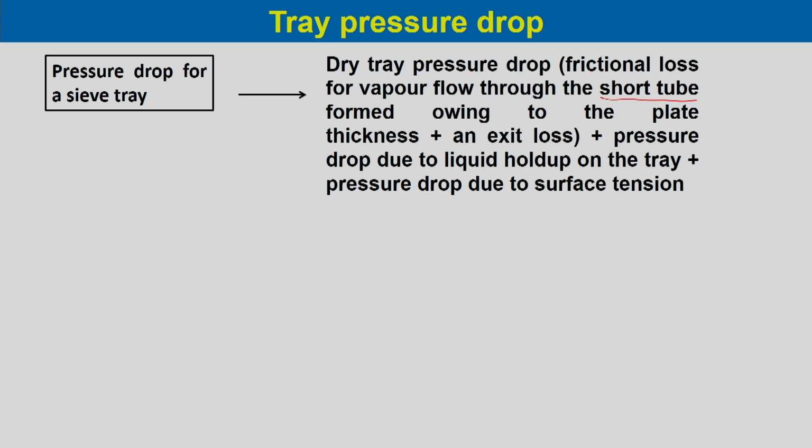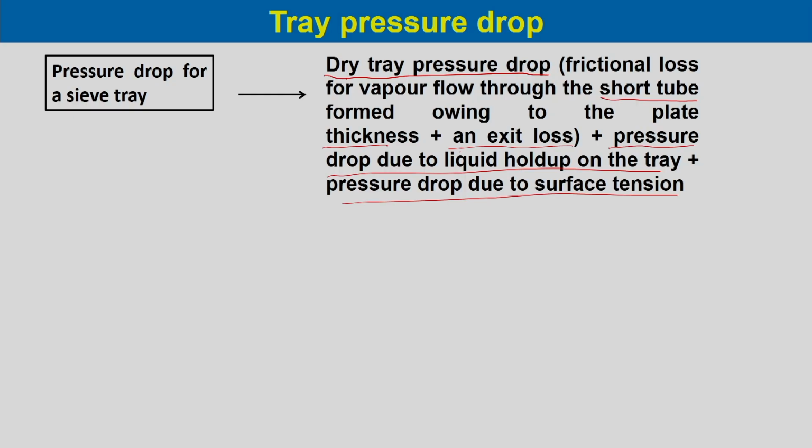Dry tray pressure drop, then we have to consider pressure drop due to liquid hold up and pressure drop due to surface tension. Under dry tray pressure drop, we have two types: the frictional loss, which is due to the short tube formed by the plate thickness, and another one is an exit loss. So, this has to be considered under the dry tray pressure drop.